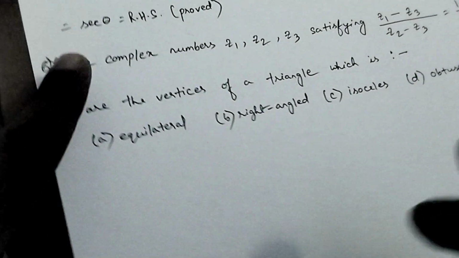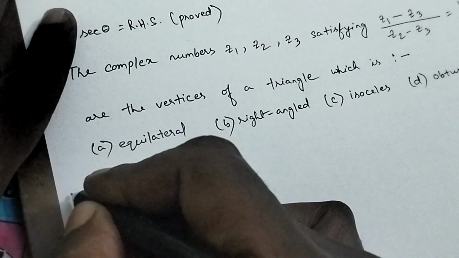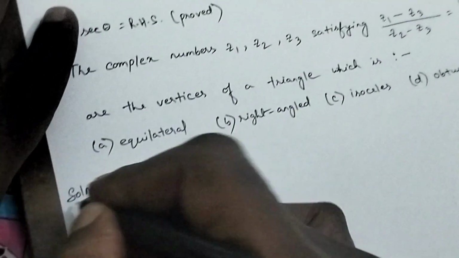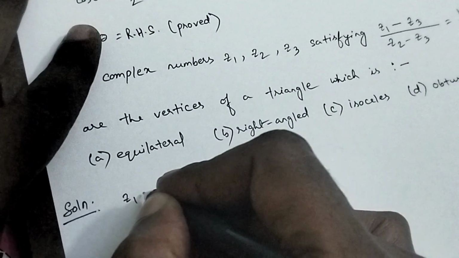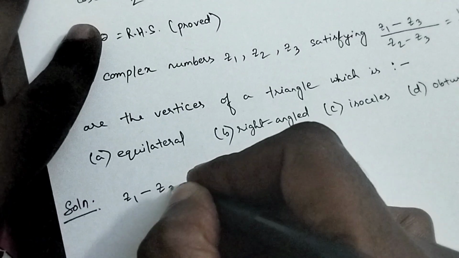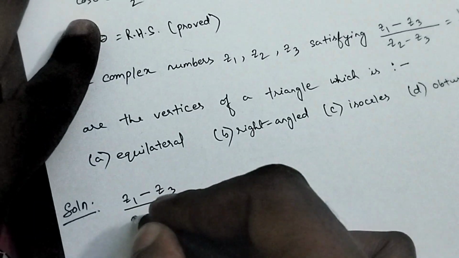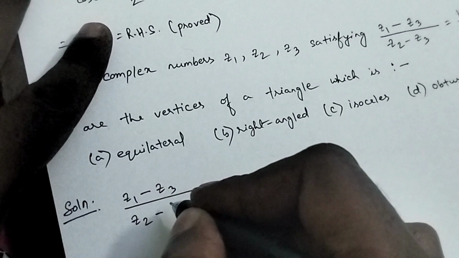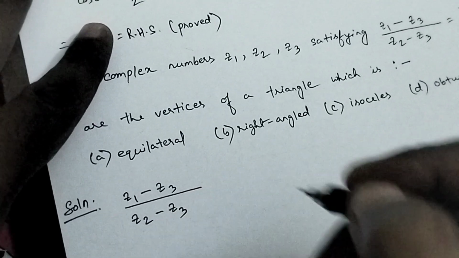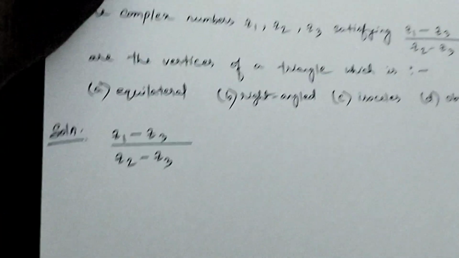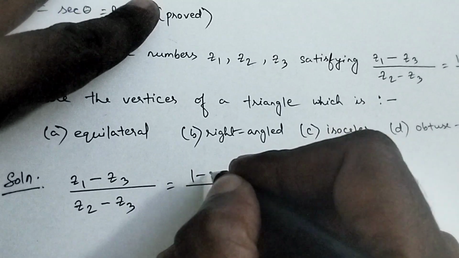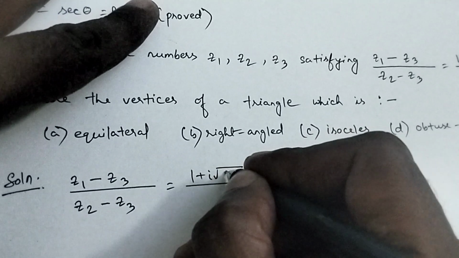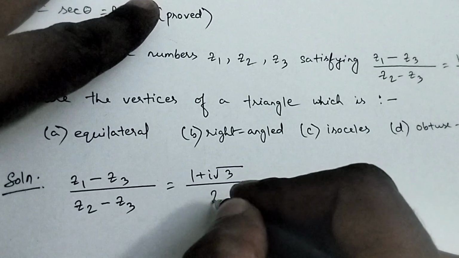So I am starting the solution, you all watch it very carefully. The equation which has been given, (z1 minus z3) by (z2 minus z3), is equal to (1 plus iota root 3) by 2.